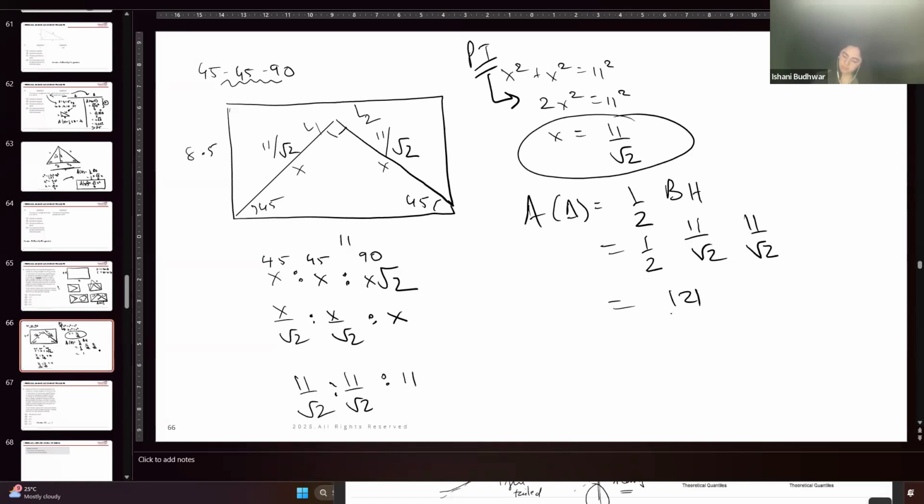It's 121 by 4. So I think it's 30.25. So that's the area of the isosceles triangle, maximum which can be fitted.